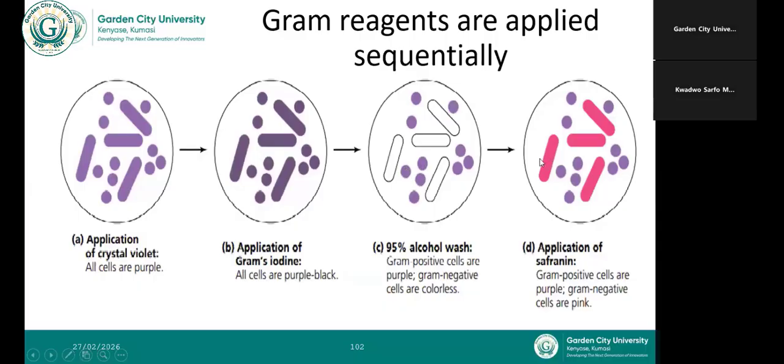Then you add the counter stain, which will color the ones that lost the primary stain in the course of decolorization. So this is the purpose of gram staining. Gram negatives are pink, gram positives are purple. But you add the reagents sequentially. So follow the protocol and then you are good to go.